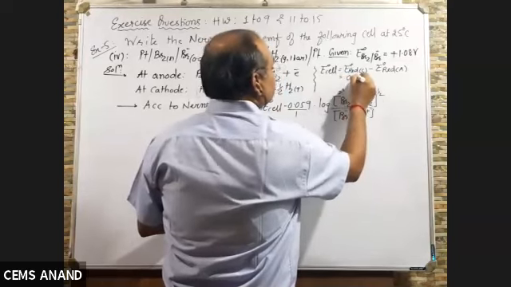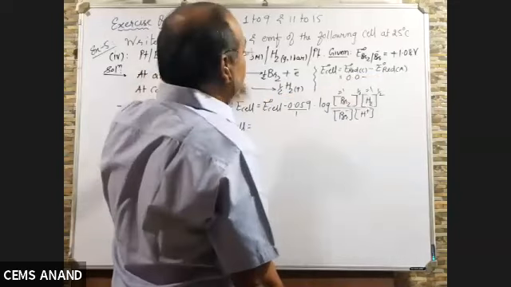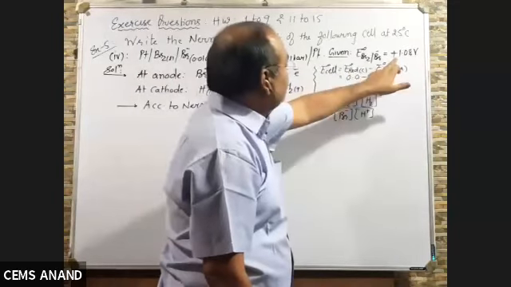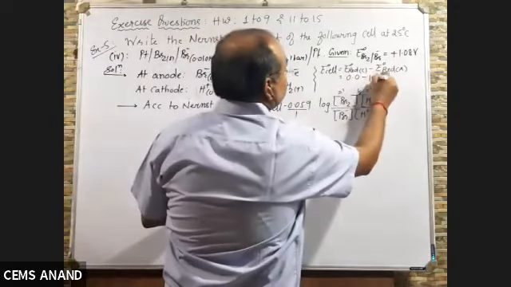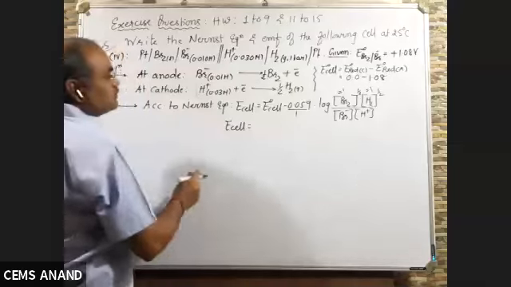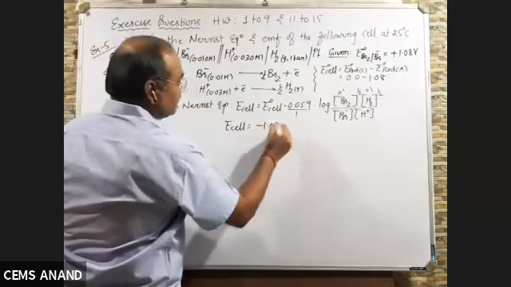This is 0.0 minus E0 reduction at anode. At anode is bromine. The value of bromine is given to you. It is 1.08. Right? So now you can put it here. Your answer is minus 1.08.